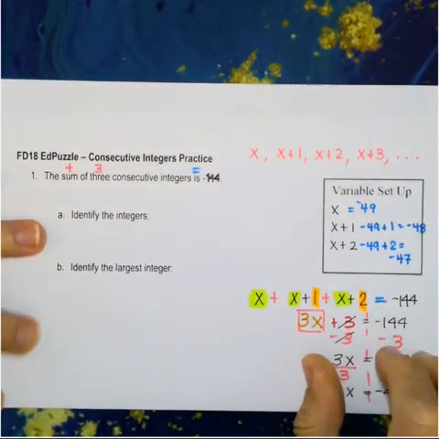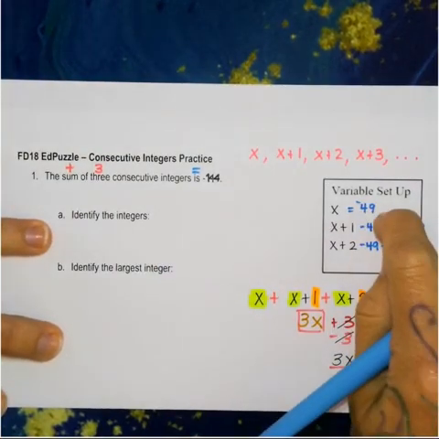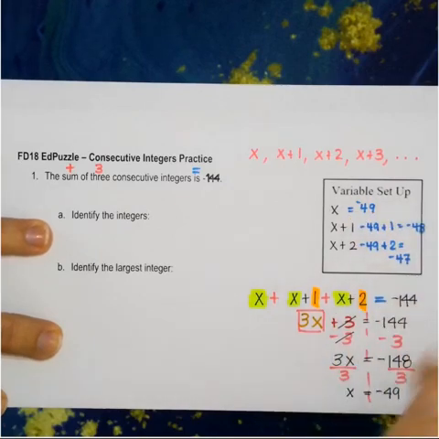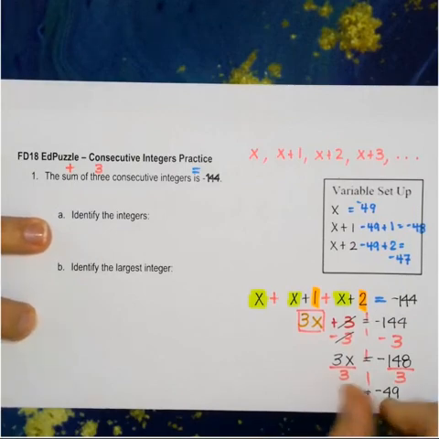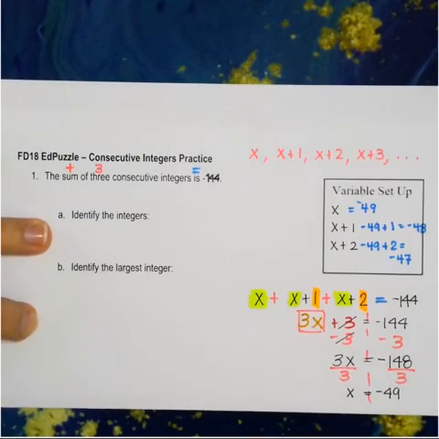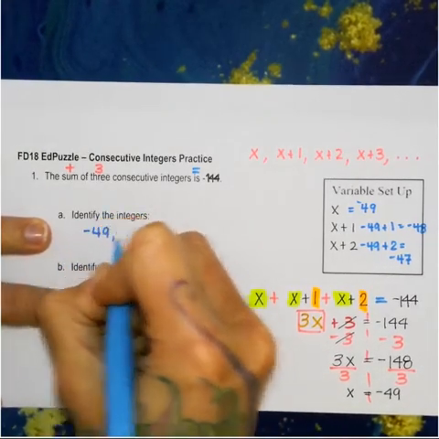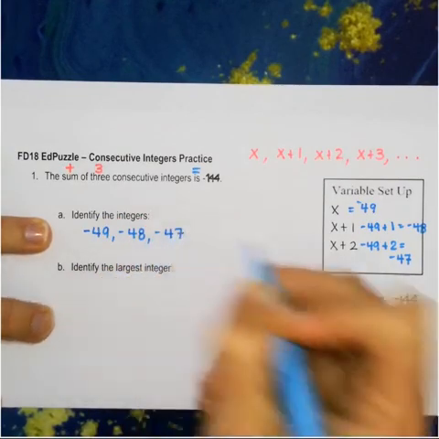It's very quick that a lot of students, especially, just aren't paying attention to the negative. You say negative 49, negative 50, negative 51. If you add those 3 together, they will also not give you that negative 144 like it's supposed to. So if you're the kind to check, you'll catch it. But we're not all the kind that checks. So our integers are going to be negative 49, negative 48, and negative 47.